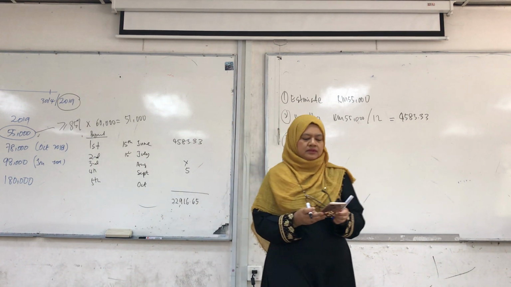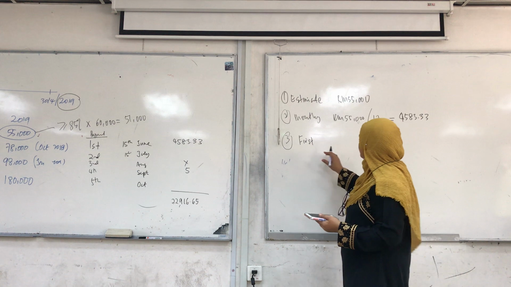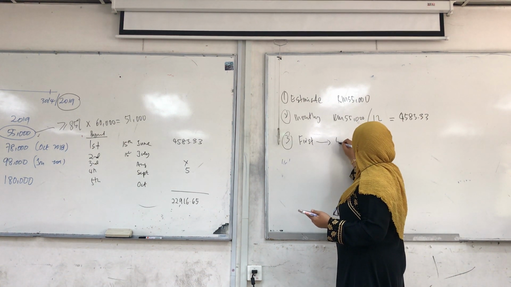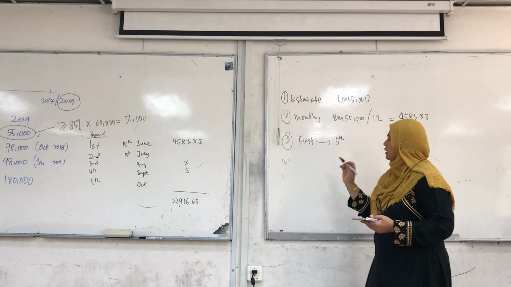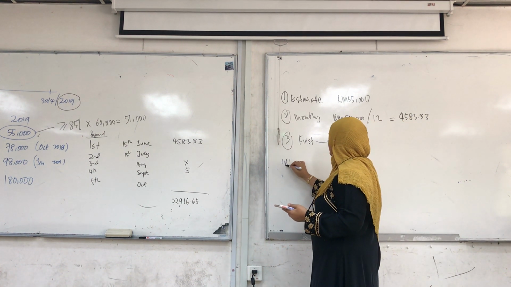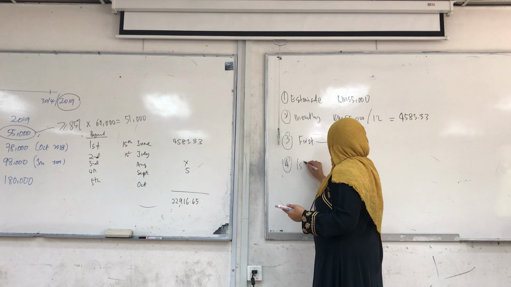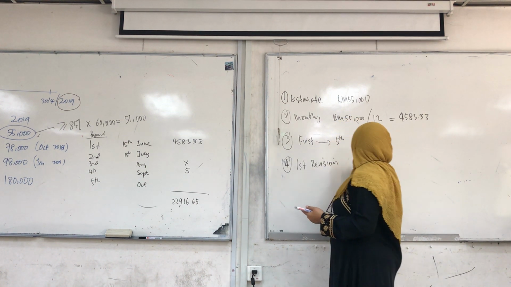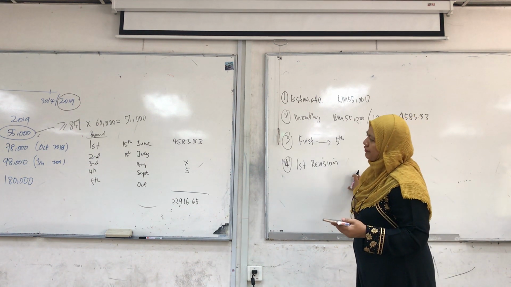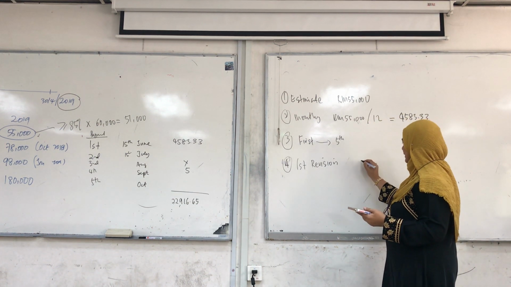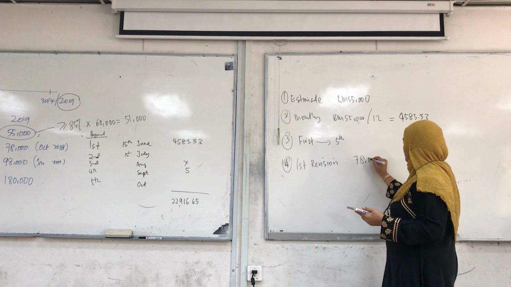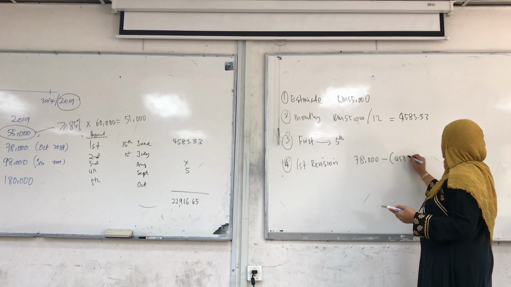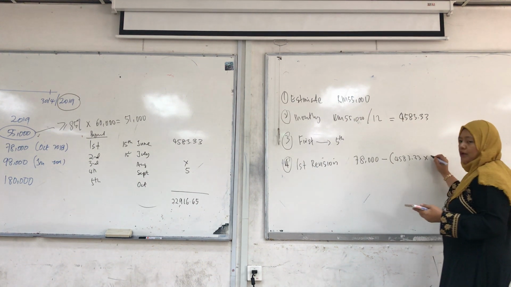Okay. So next one. Then first payment done. First to fifth payment, isn't it? Then you have your revision number 4. First revision. So how much you revise? You revise from 55,000 to 78,000. So the new revision is 78,000 minus 4583.33 times by how many months? 5.